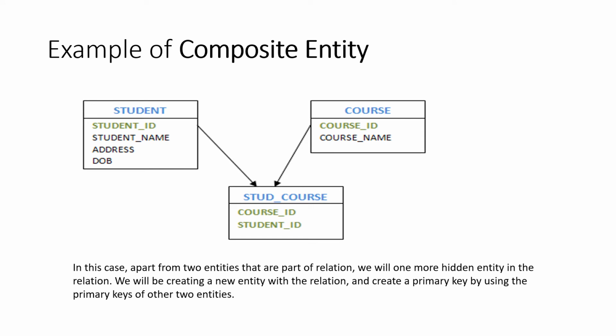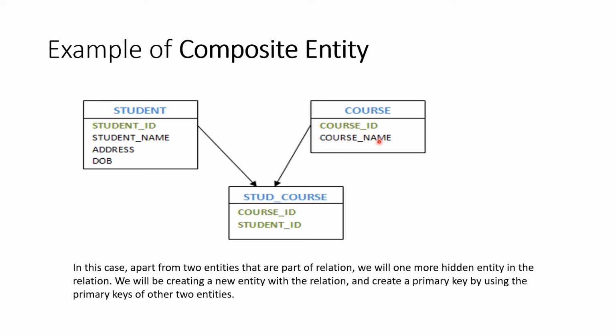Here we have an example of composite entity. When we have two tables, and we do not have some particular relationship between these two tables, then we design another table which has the relationship of these two tables. So here we are concentrating on this student table: we have student ID, student name, address, date of birth. Then we have another entity, course, with course ID and course name as the attributes.